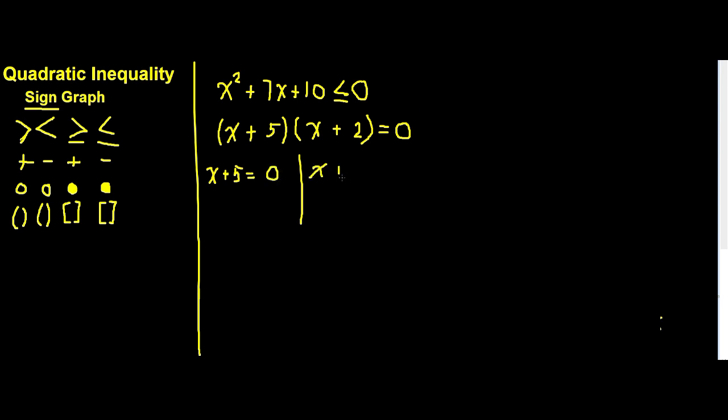X plus 2 is equal to 0. So, you have x is equal to negative 5 and x is equal to negative 2. Ayan. Now, after getting the critical points, you have the graph.